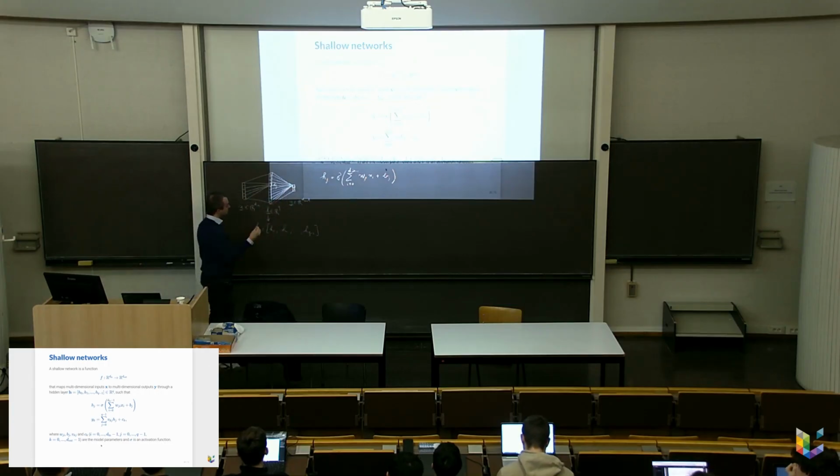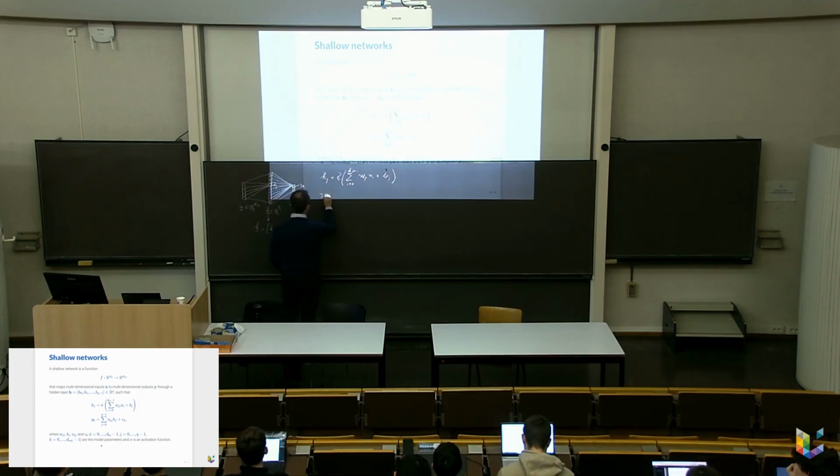Okay, you sum, and then you add some offset. So here you would have yk, where yk is equal to, so you iterate over the elements hj in the hidden layer, you multiply them by some coefficient, which are again specific to the output k, and then you add some offset, which is also specific to k.